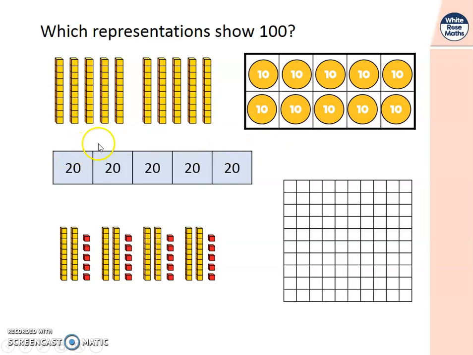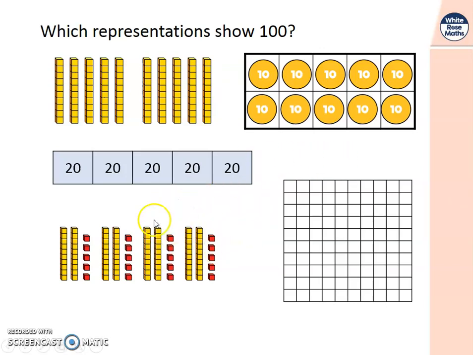On our bar model, we have 20 and we have 5 little groups. If we add them together, 20, 40, 60, 80, 100. 5 groups of 20 make 100.